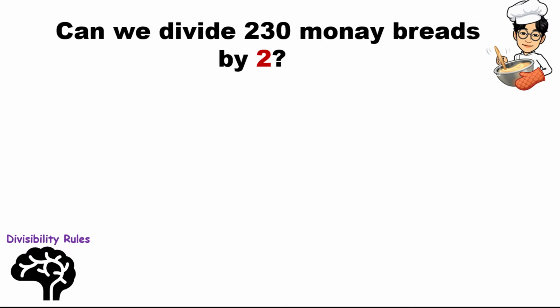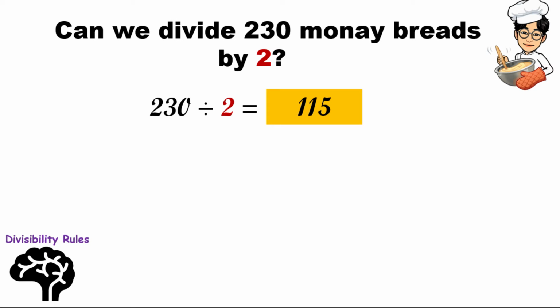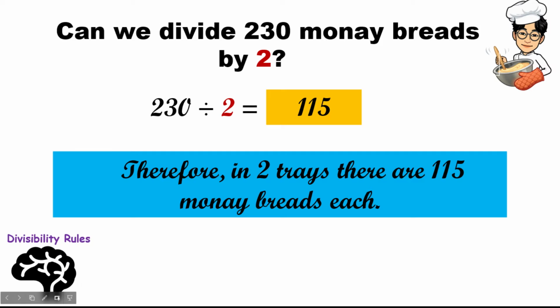Can we divide 230 Monet breads by 2? So we have 230 divided by 2 is equal to what number? You're right! That is 115. Therefore, in 2 trays, there are 115 Monet breads each.